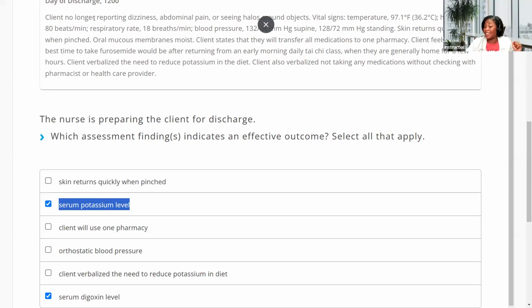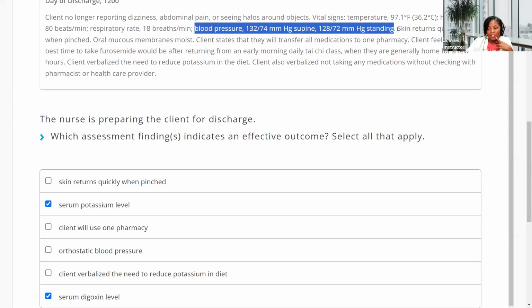I'm just trying to make a connection as to what could possibly be related to the change in the blood pressure that could have caused the issue. The fact that the orthostatics are better, that's one. The use of the pharmacy, that's definitely one that's effective. Skin returning quickly is definitely one. The patient does not need to reduce.